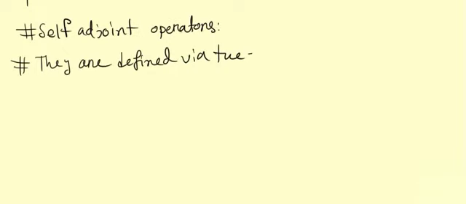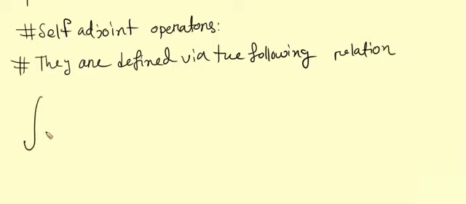So how are they defined? They're defined via the following relation. Let's say you have two functions, and these are my test functions, and let's say they are defined over some interval a and b, where a is the lowest limit of the integration and b is the highest limit.